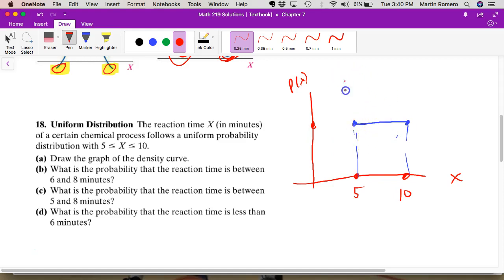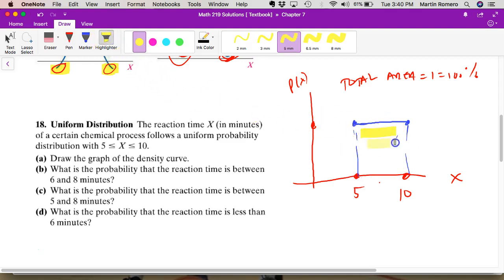What we need to remember is for these probability distribution situations, the total area is always equal to 1, because we're talking about probability, and 1 is equal to 100%. So if we know this distance here is 5, from here to here, the total area that I've highlighted has to be equal to 1.